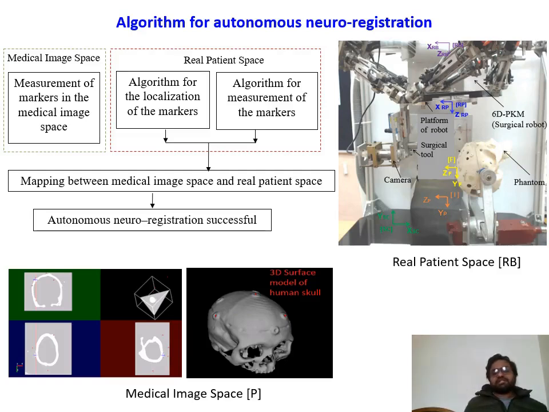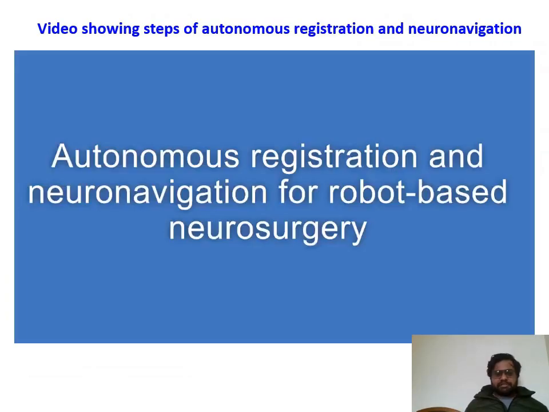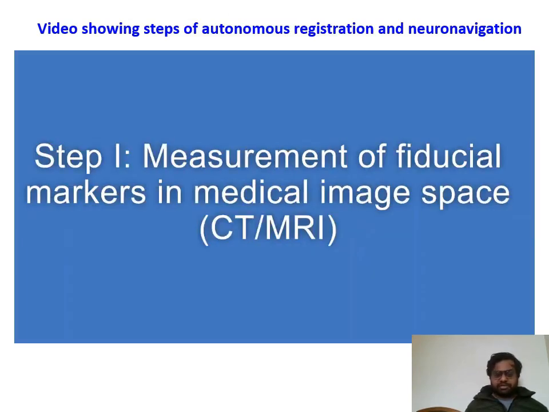Neuro-registration is basically a process of establishing a relationship between these two coordinate systems by measuring a certain number of points in both spaces, and then mapping those points. Afterwards, if we have certain points, say the coordinates of a tumor, we can transform them with respect to the surgical tool. This is a brief video showing how exactly autonomous neuro-registration and neuronavigation work.